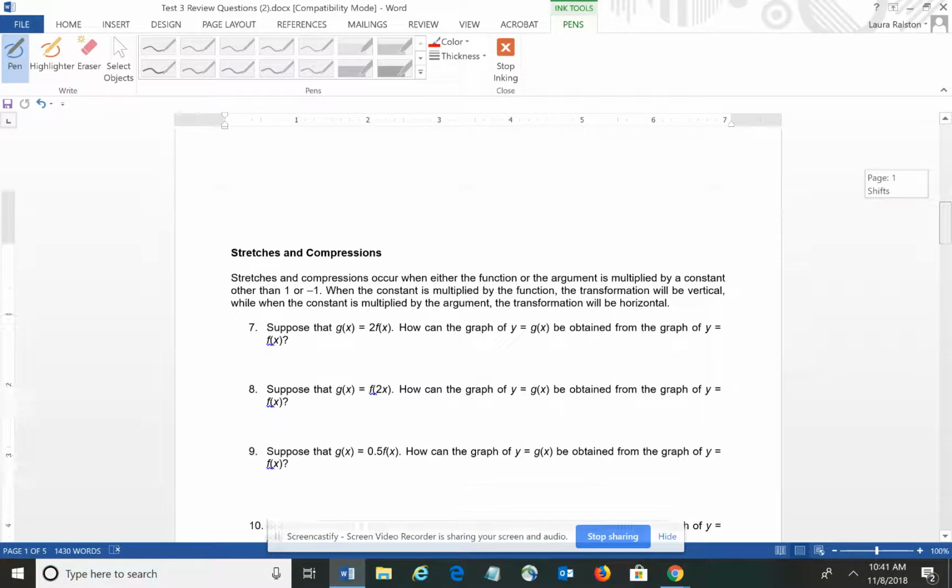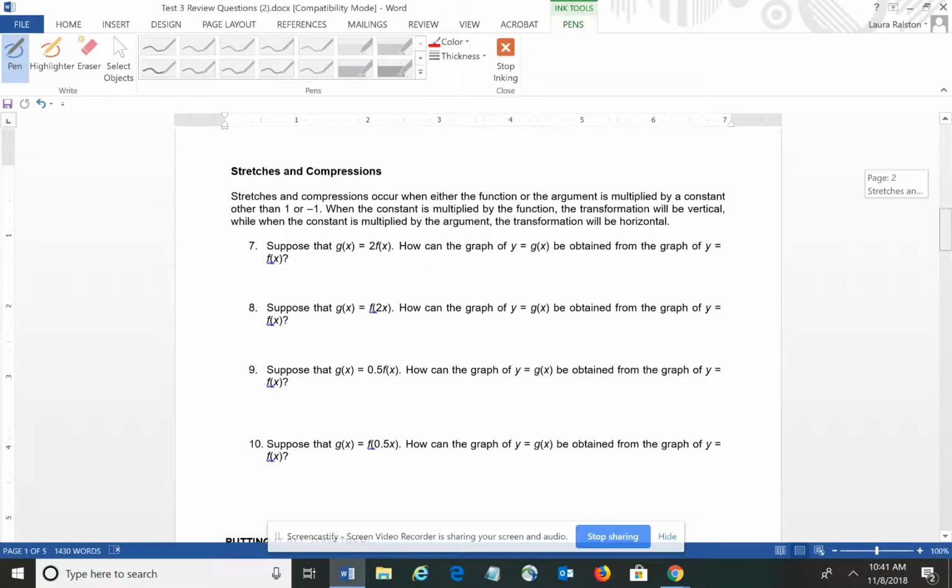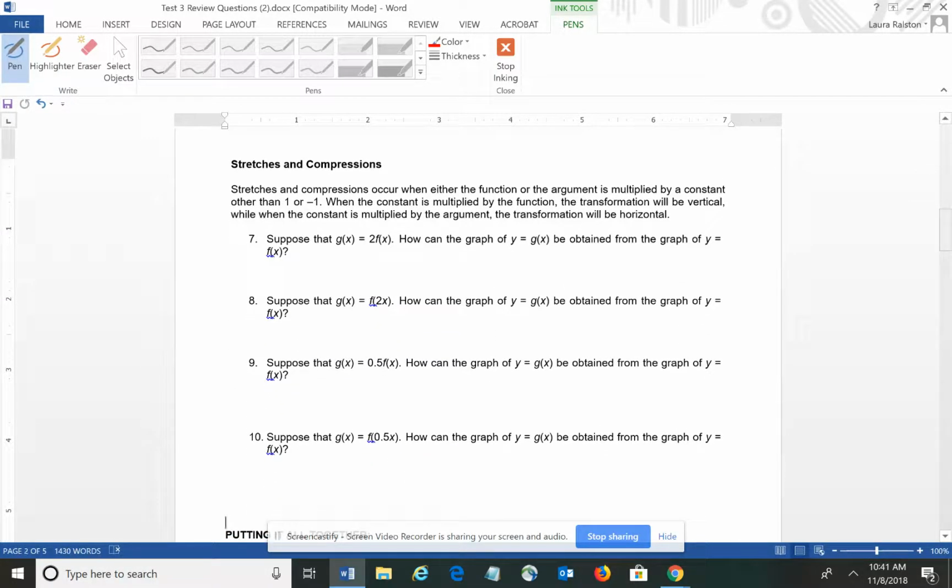So you've got to learn the different locations that numbers can be. Also, instead of being just a 1 or +1 or -1, you can have a numeric value either in front of the f of x or with the x inside the parentheses. And that determines whether you have a stretch or a compression. A compression would be sort of like a shrink.